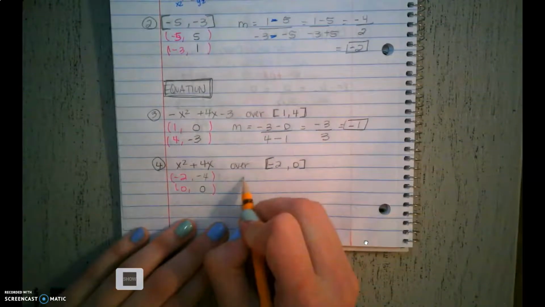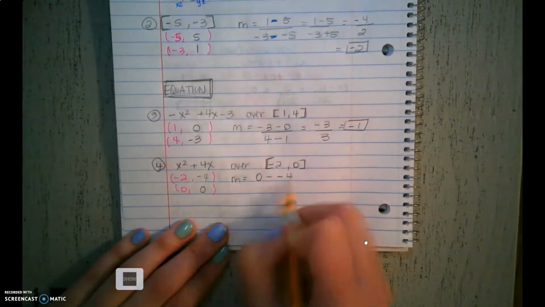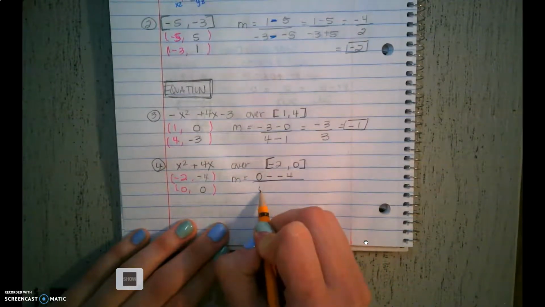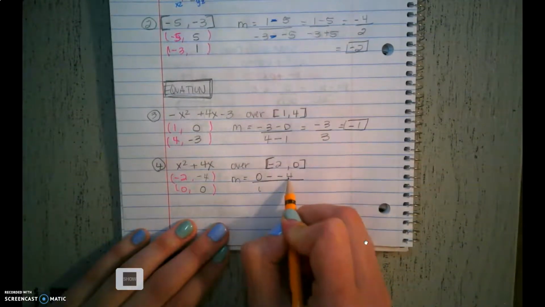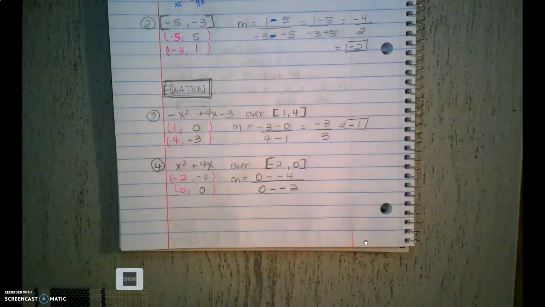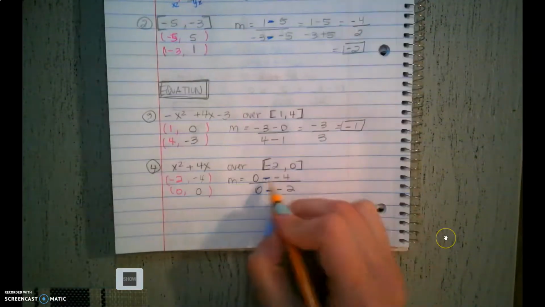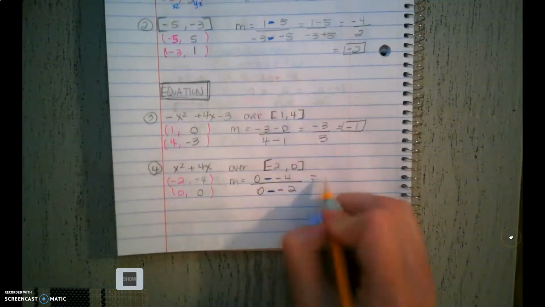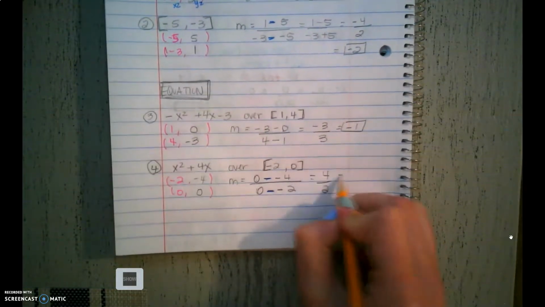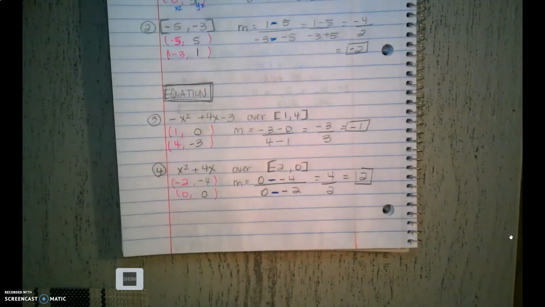So now we can do our slope equation, y2 minus y1 all over x2 minus x1. Again, these subtractions are automatically in our slope equation. They never go away. But we have minus negatives here, so those are positives. And I have a slope of 2.